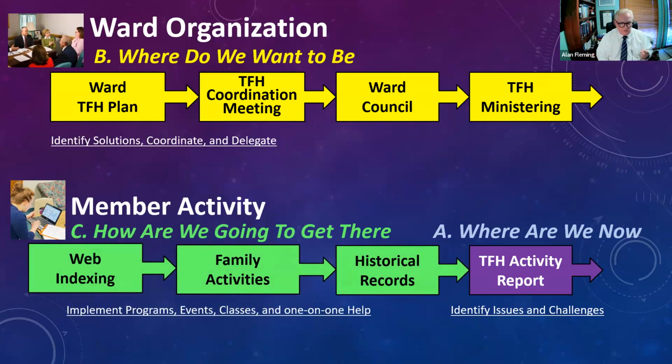Web indexing, which I've mentioned, family activities, which is Discover, Gather, Connect, and historical records, which is Find, Take, Teach. And from that, we can then know what the activity is amongst members. So it's very much at that member activity where we implement those programs, those events and classes, or give one-on-one help.